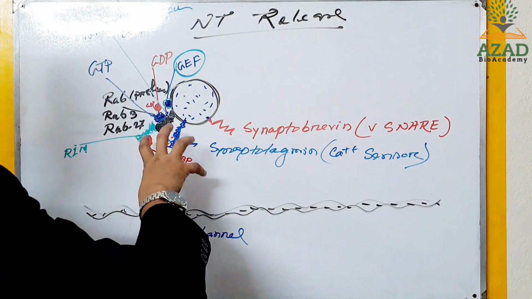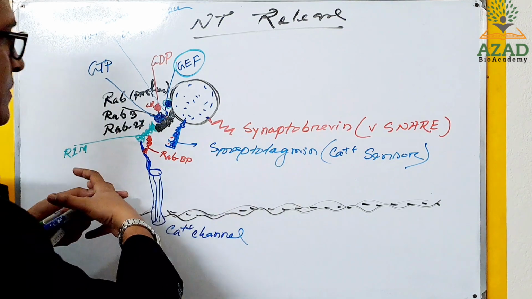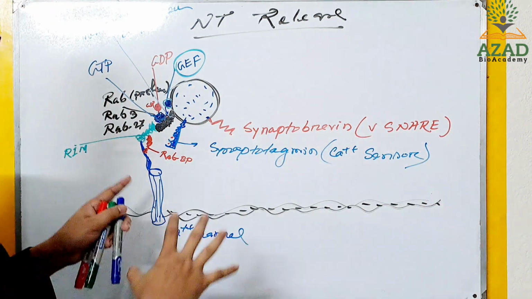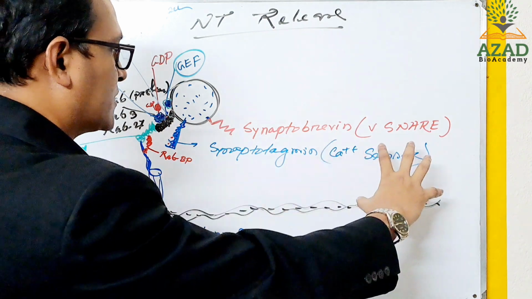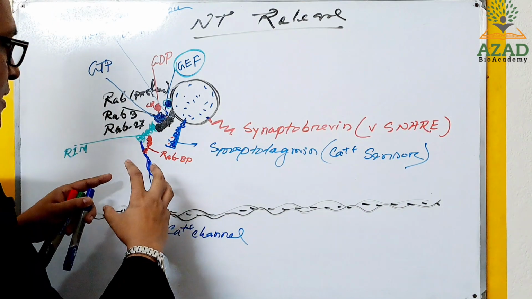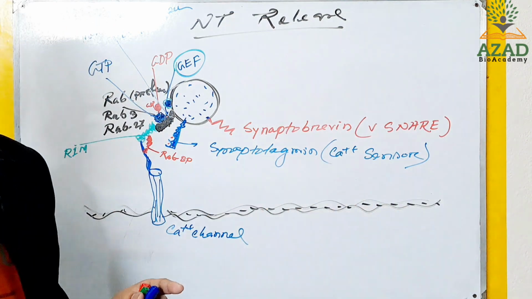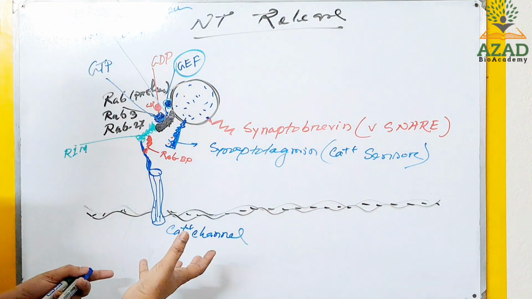Okay, and here other scaffolding proteins are very much rich in that area, the active zone. Already you can consider it the active zone. Here the cytomatrix is very rich, with different types of actin cytoskeleton protein and different scaffolding proteins.